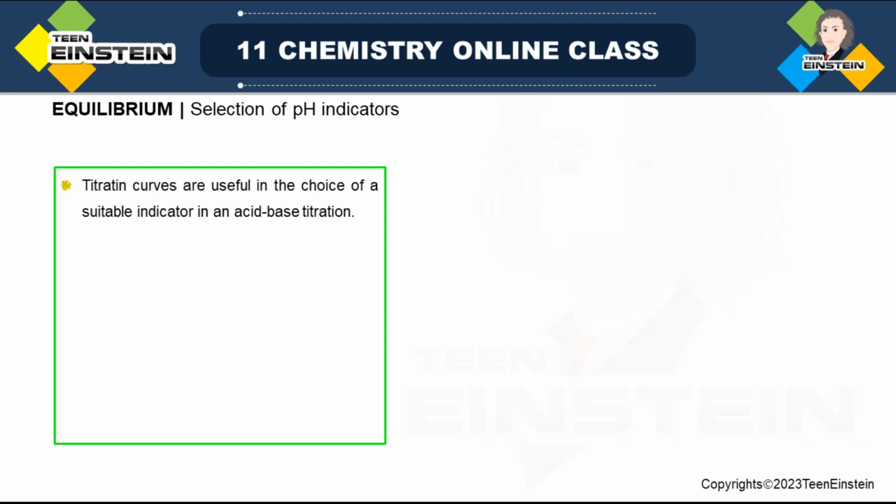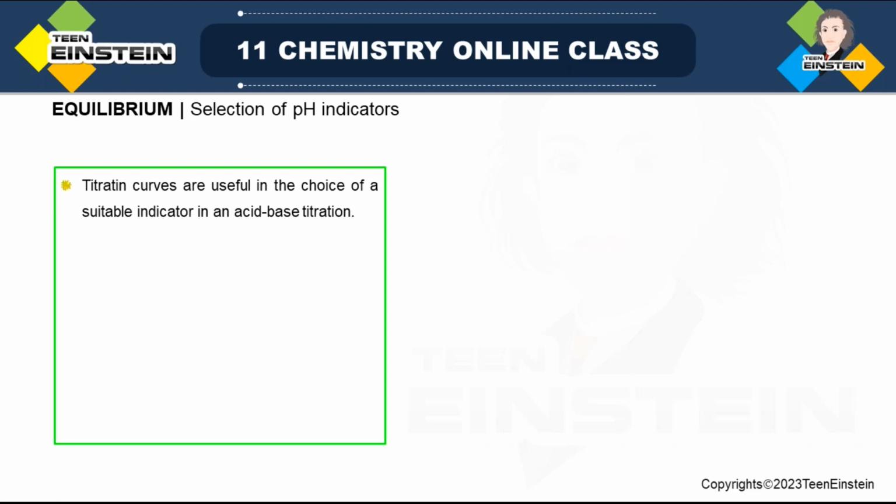So first you have to know the combination that you are using for titration. So in the previous example you have seen we have taken NaOH and HCl. So you have to know first that what combination you are choosing in the titration and what is the pH range in which there is a steep rise. Because once you know this pH range, then only you can choose which indicator is suitable.